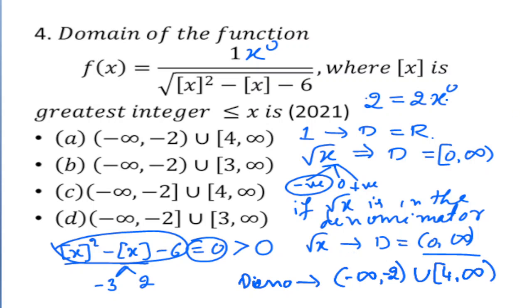For the numerator, the domain is the set of all real numbers, which is the superset, and this is the subset. The intersection of these two will be the subset itself. So our option for this question, friends, is option A, that is open interval minus infinity to minus 2, union 4 to infinity, where 4 is included.